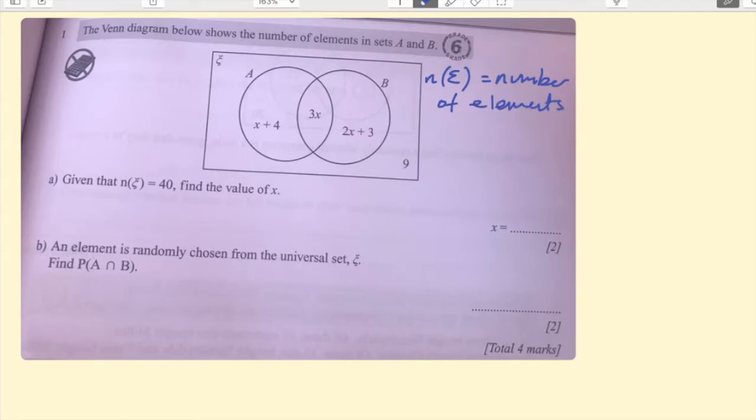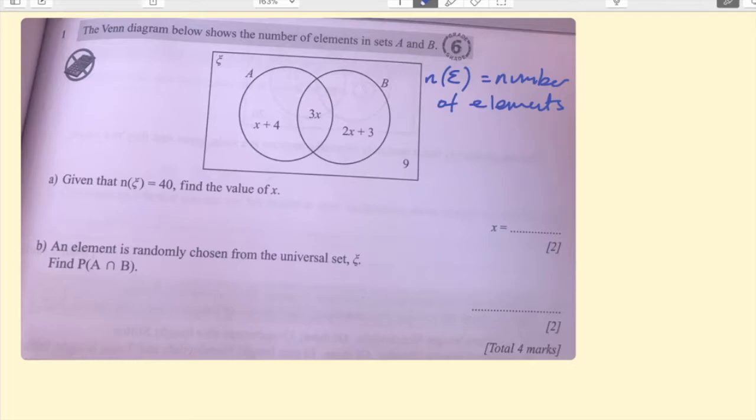So we know that in total in this Venn diagram there are 40 elements. There are x plus 4 elements in A minus B, there are 3x elements in A intersect B, and there are 2x plus 3 elements in B minus A, and there are 9 elements outside of those sets. And they all add up to 40, okay?